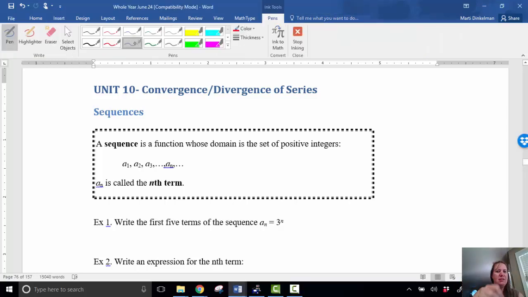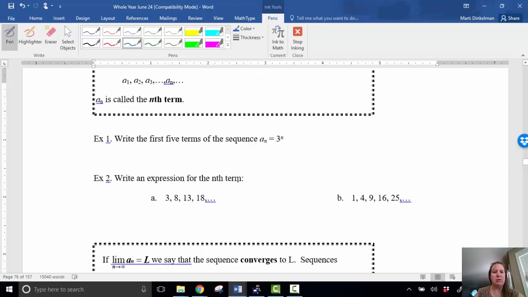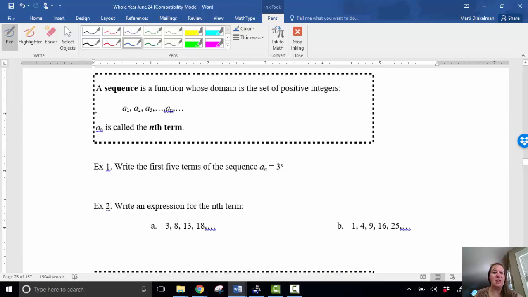Just to recap, I know we've seen sequences before, but if we try to write the first few terms, we might talk about whether n here, like 3 to the n, starts at 0 or starts at 1. A lot of times we have to be specific about that, and that's why with our sigma notation, we generally make a starting point so that we know. For the sake of this definition, let's start with n is 1.